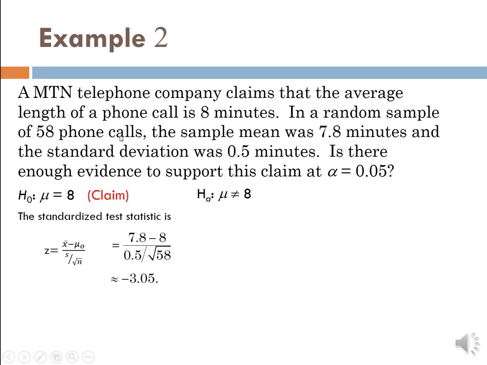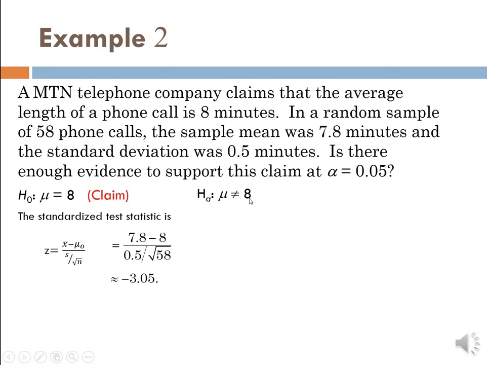But we also know that the sample size is greater than 30, that it is large. So we still go ahead to use the Z statistic, replacing the population standard deviation with the sample standard deviation. So we have x bar minus mu naught over s divided by the square root of n, which when we substitute and calculate, we get negative 3.05.